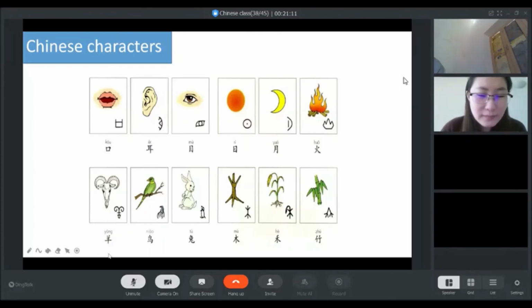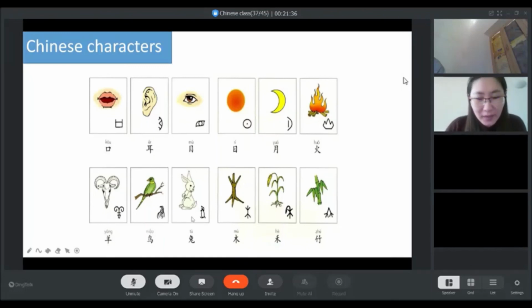Yang. And for the bird, the Asian people just drew a bird to be the Chinese character. But after thousands of years, it changed to be this one, 鸟. These are the Chinese characters we use nowadays.